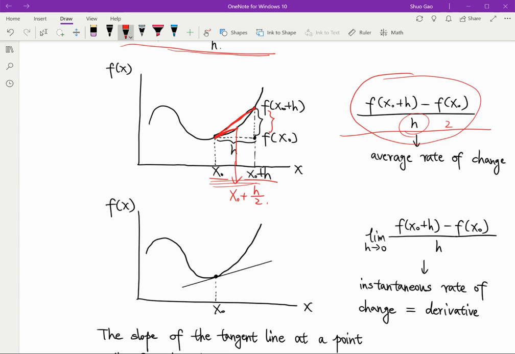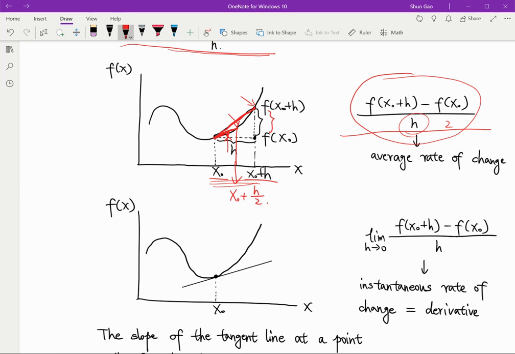And if h is even smaller, the smaller the h, the closer the second point, f(x0 + h), will be to f(x0). At first, f(x0 + h) is here, and then you move down to here, and if h becomes smaller, it becomes here. The two points become closer and closer.